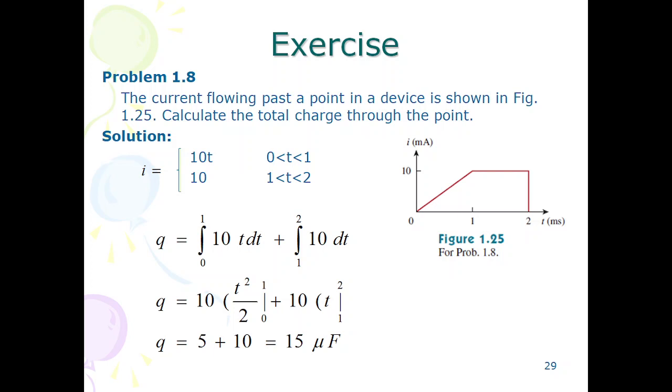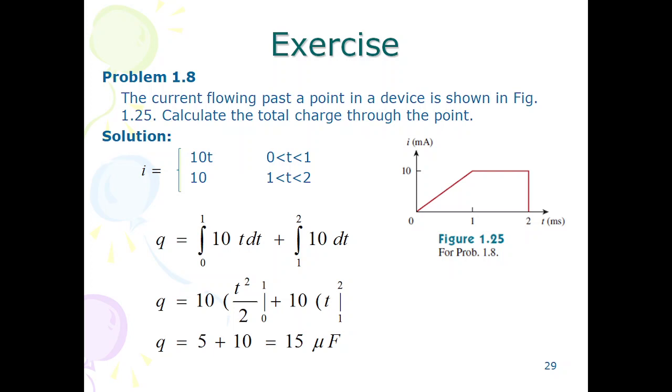Now we have to find out the charge. The formula is q is equal to integral of i dt. We have to split this integral as its value changing from 0 to 1 its value is 10t, and from 1 to 2 its value is 10. Now integrate, and we take 10 as common.